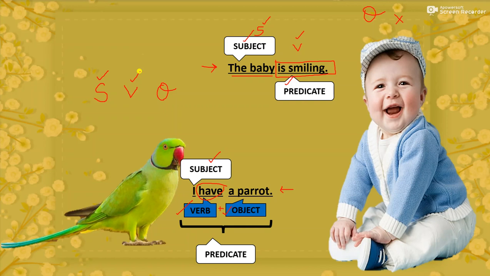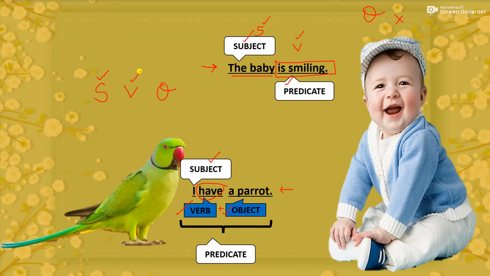I hope we have understood the basic definition of a sentence. A sentence is a group of words, and these words are divided into the subject and the predicate subunits. When you read the subject and predicate together, you understand the complete meaning of the sentence. From the definition, we came to the structure of the sentence.